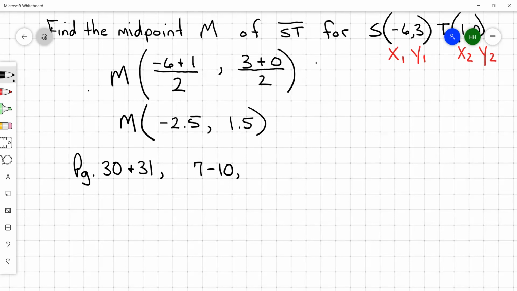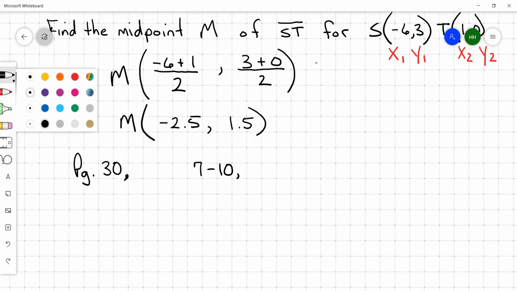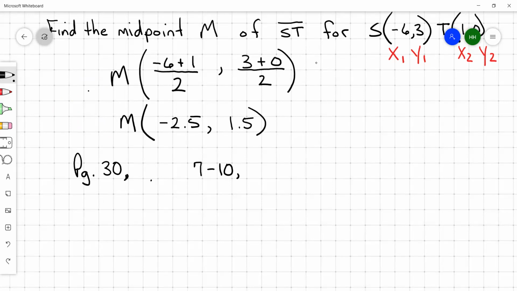Page 30, you've got 7 through 10. Let's just scratch all this.